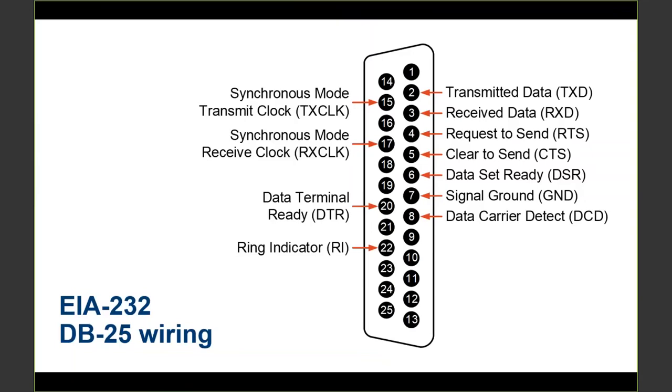Those are not used in the SEL relays today for standard 232 communications. Usually we're talking about asynchronous communications when we talk about serial. And these synchronous modes are for synchronous communications, which you're probably not going to run into too much when we're talking about communications to SEL IEDs and whatnot.